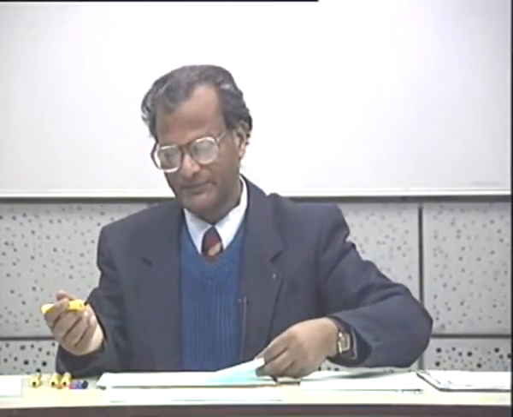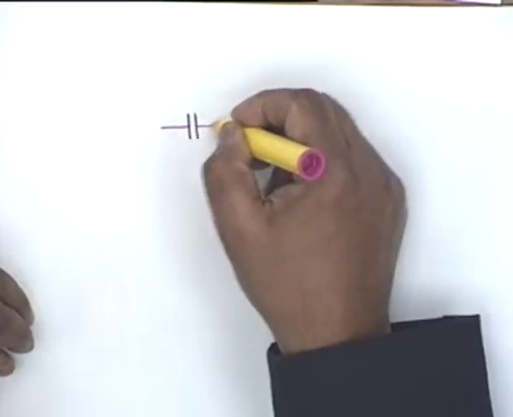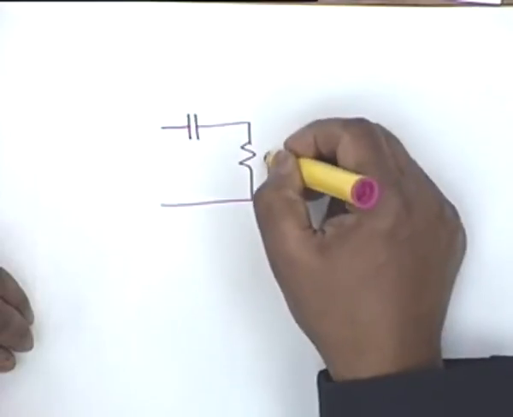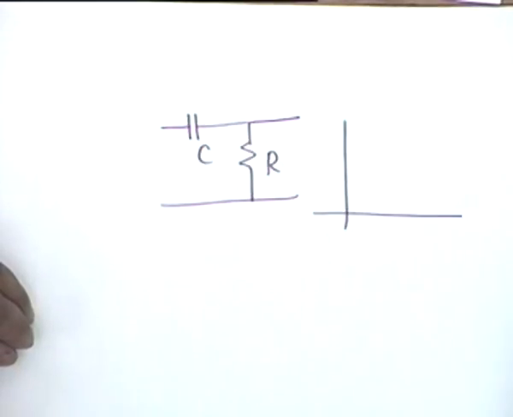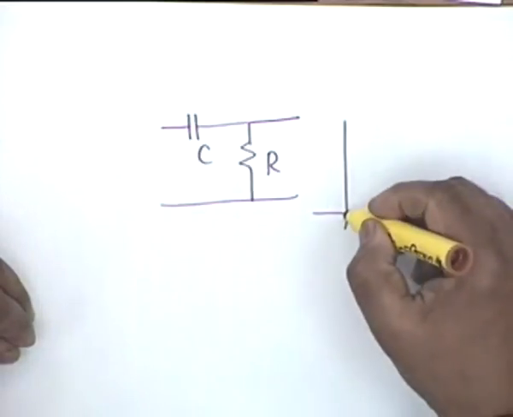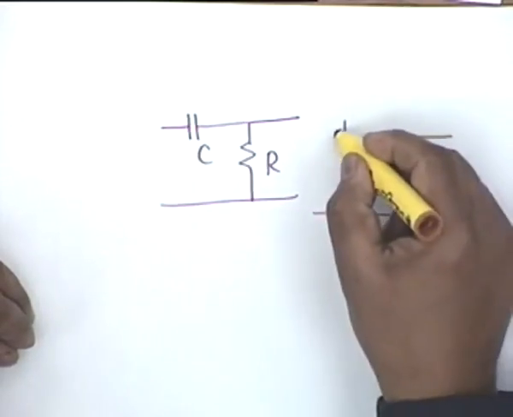On the other hand, if the capacitance and resistance are interchanged, that is, if we have a C in series and an R in parallel, then you can show that this is a high pass filter and the response is like this.